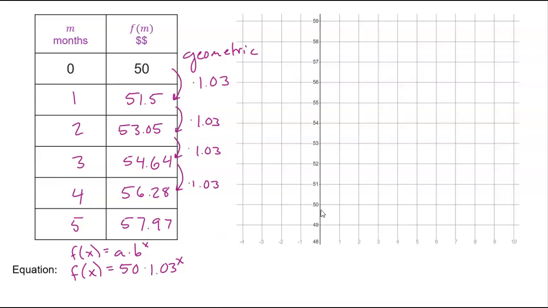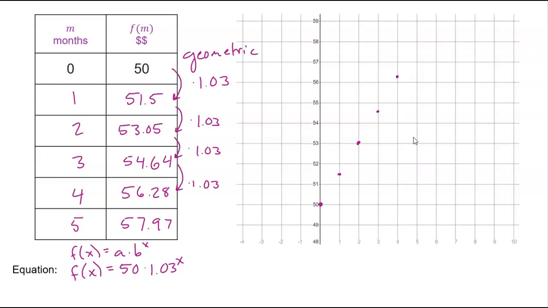We can graph these points. 1 will be 51.5, 2 will be 53.05, so just right about on that line. 54.64, be right about there. 56.28, maybe about here.